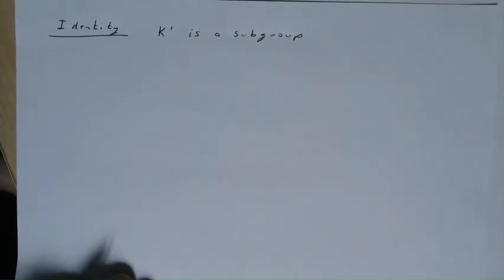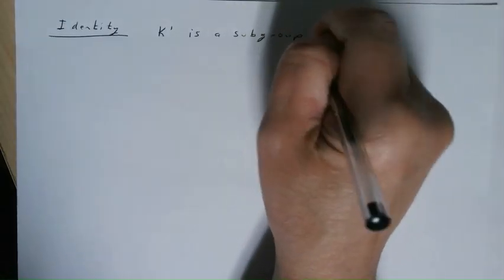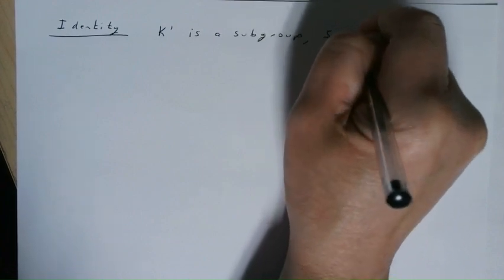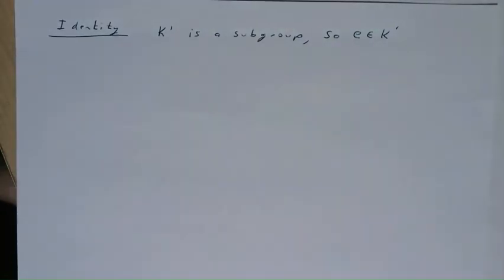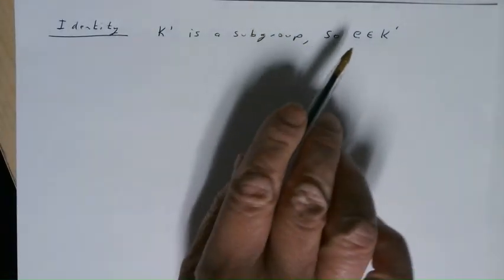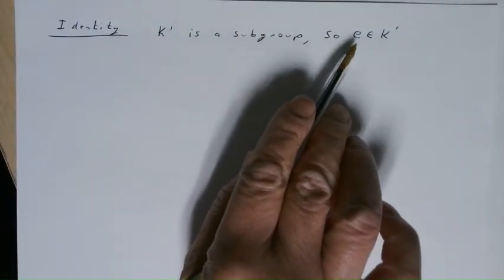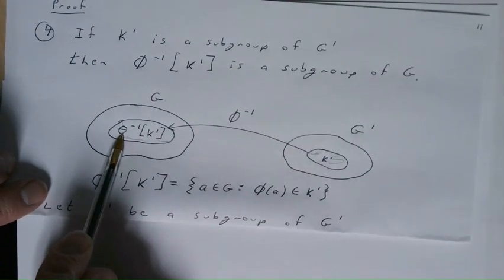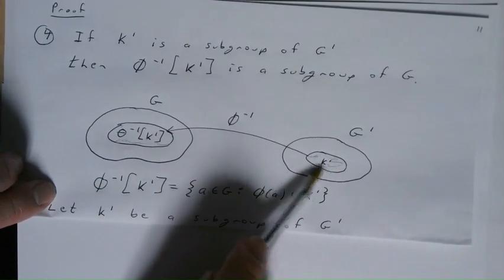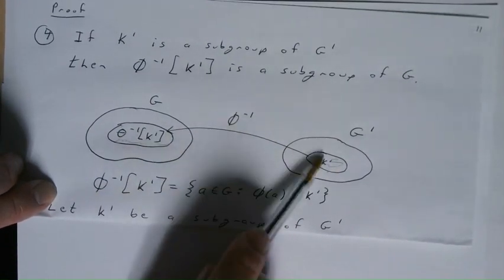So K prime contains the identity. And therefore, something had to have mapped to this value here. There must be something back in this set here that mapped to it, because if it's in K prime, something mapped to that set.